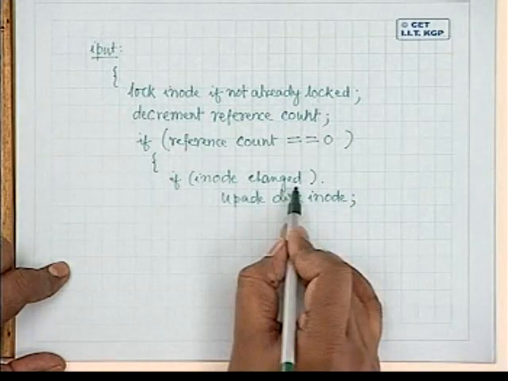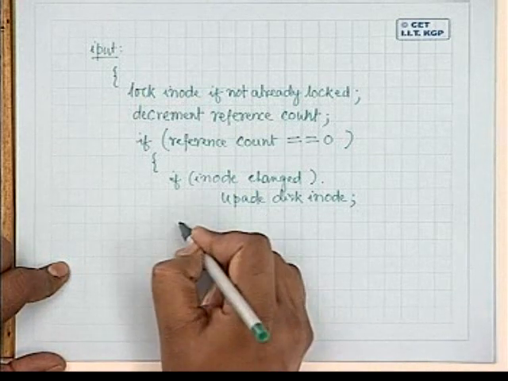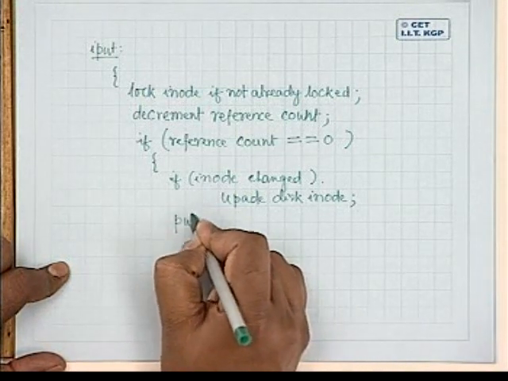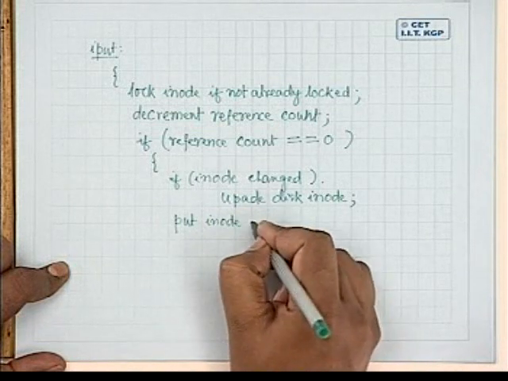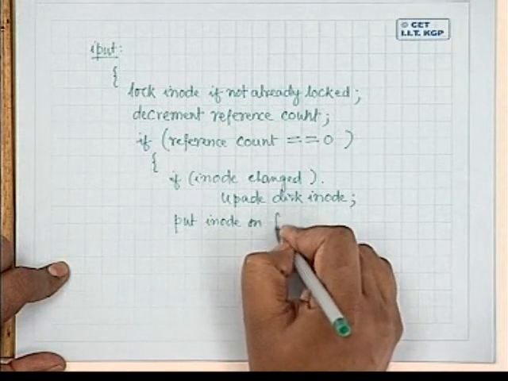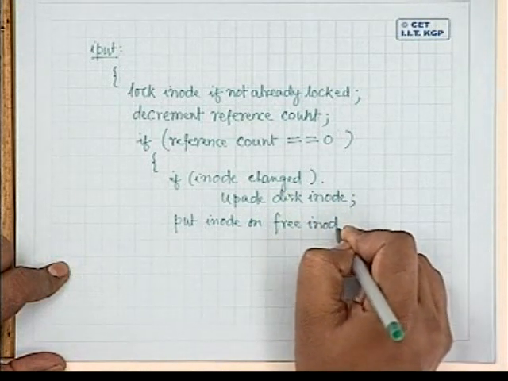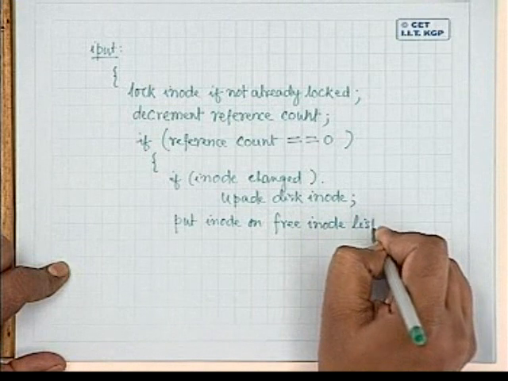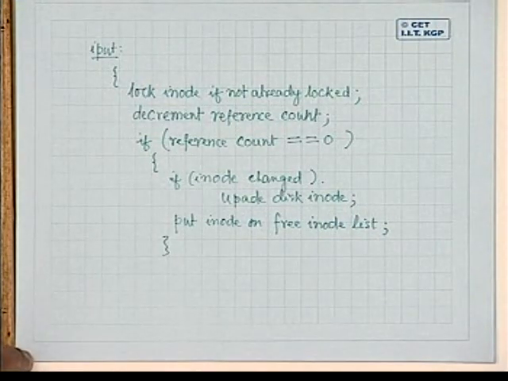If the inode was not changed, then the disk inode need not be updated. And after that, you can put this inode on the free inode list. This can be done only if the reference count is equal to 0.